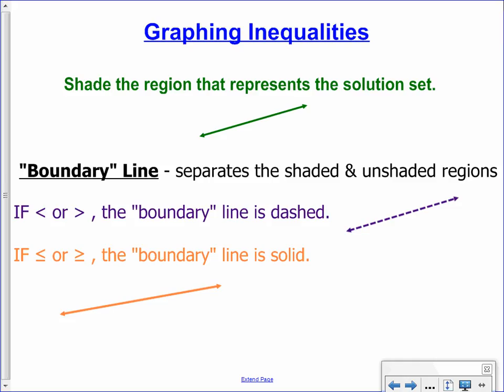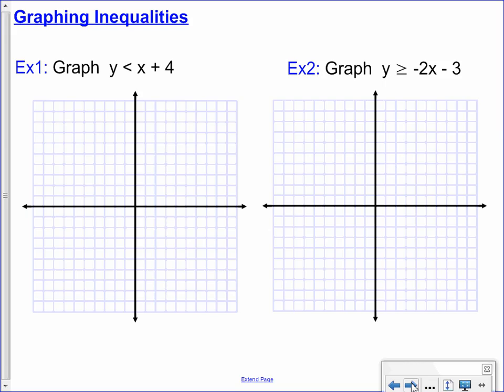Before we do absolute value, let's relate this to the equation of a line. In the first example, it's a linear equation because there's no absolute value. What's the slope? 1. Y-intercept is 4.